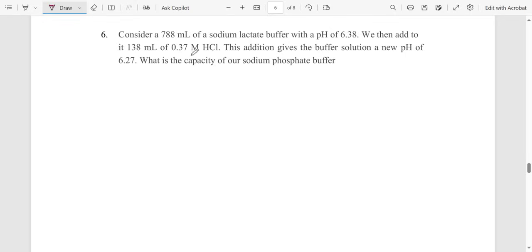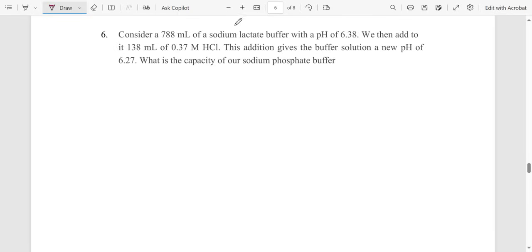So what is the number of moles of hydrochloric acid from this volume and the concentration? Because remember we initially had a buffer. Now what a buffer does is this: when you add an acid to a buffer, you are going to neutralize that acid. When you add a base to the buffer, you neutralize that base.